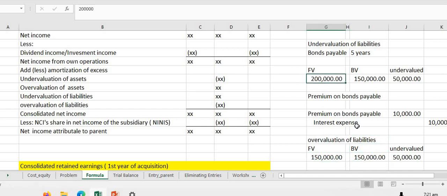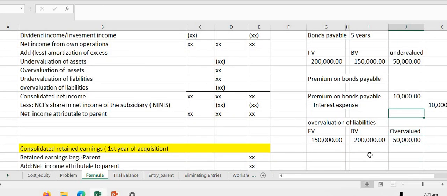So, yung fair value is 200,000. Okay? Therefore, our liabilities is overvalued. Overvalued by how much? 50,000. Sabi pa rin that the bonds, no? Yung bonds ay may 5 years, no? Na life ng bonds. Remaining term ng bonds.